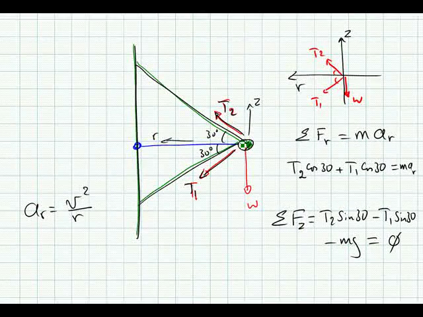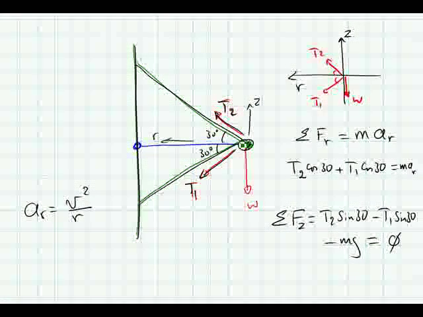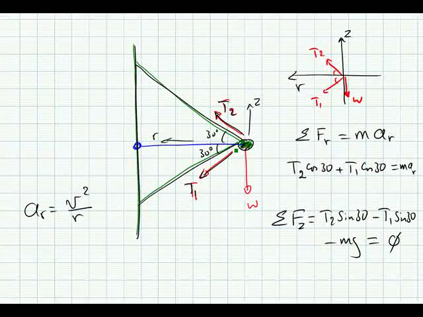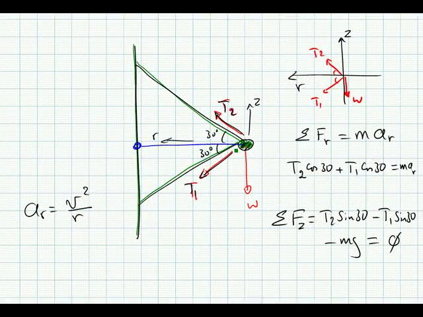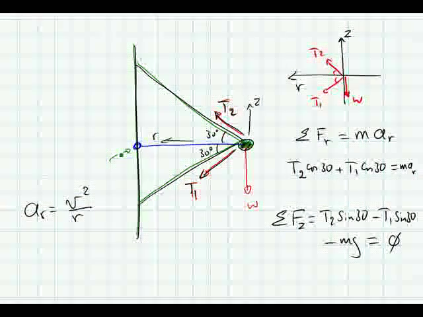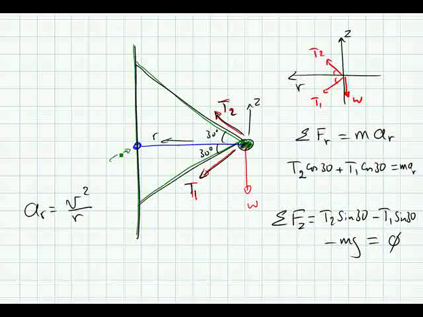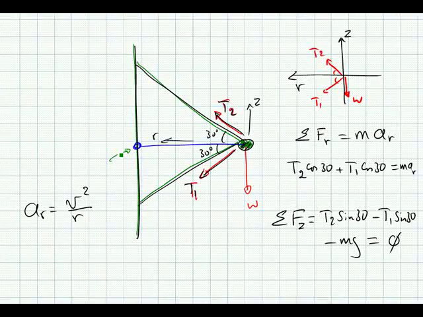If you look at it, this is a side view, so the object is moving in and out of the page, moving around in a circular path, where the blue line that I have on the drawing shows the radius of the circular path, with the blue dot, this here, being the center of the circular motion. So the plane of the motion is perpendicular to that of the page.